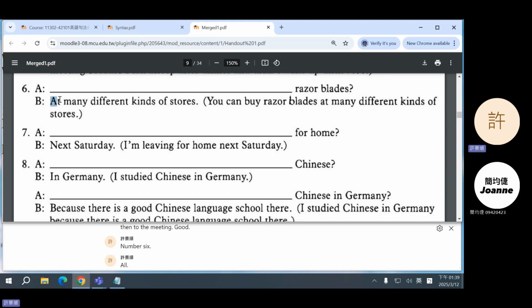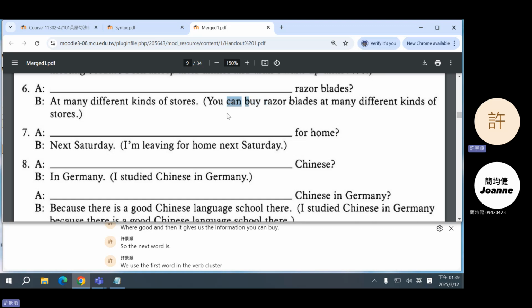Okay, so it is asking about a place. So how do we begin? Where? Good. And then it gives us the information you can buy. So the next word is, we use the first word in the verb cluster.